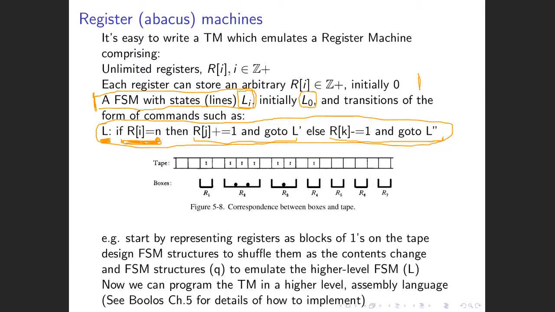The things I'm going to do are like higher level versions of the Turing machine. I'm going to increment or decrement the content of a register, and I'm going to jump to a different state, or equivalently to a different line of the program. So this looks almost like an assembly language instruction.